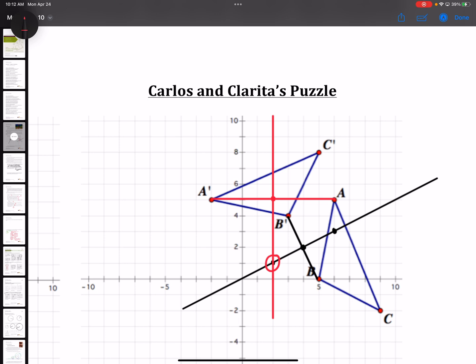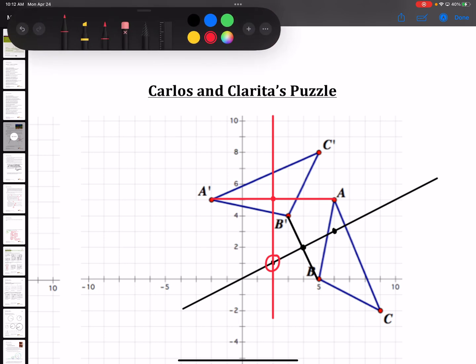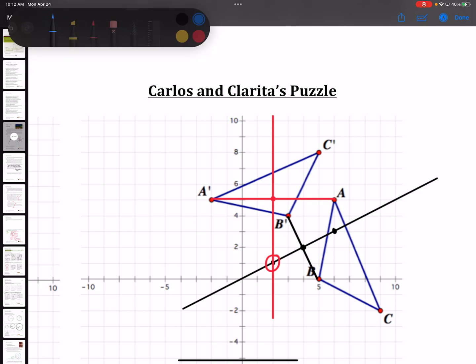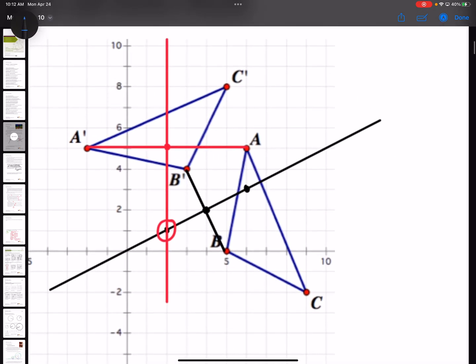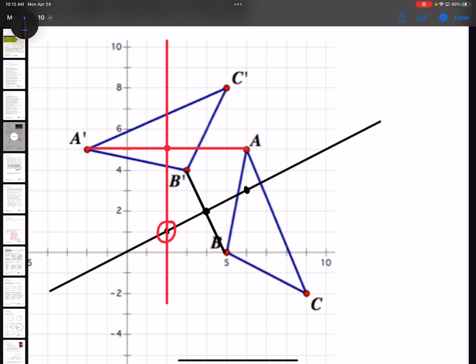I do want us to do C to C prime just to be certain, since this is kind of our first taste of this. But if it goes through that same point, then I'll go ahead and say, okay, we don't need all three. It's extraneous, or redundant, if it works. But I want us to do it right now just to be certain. Okay.